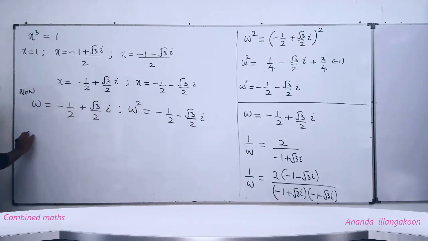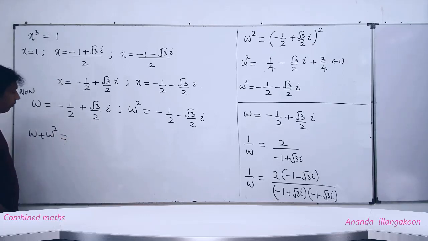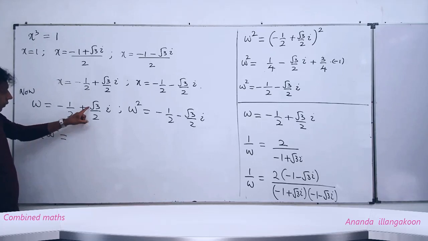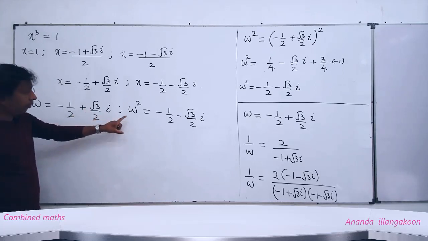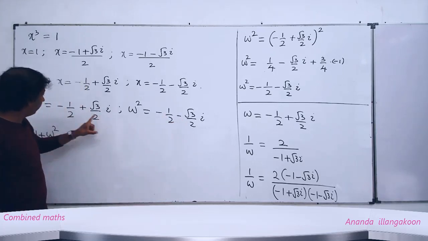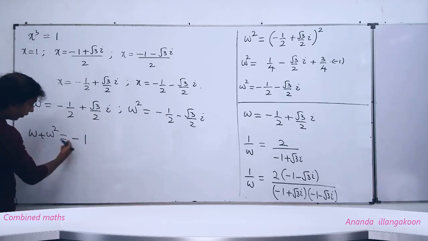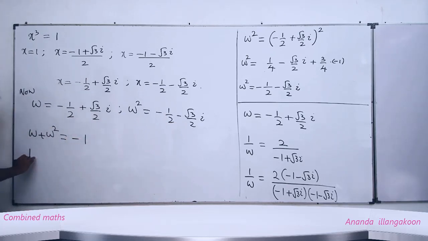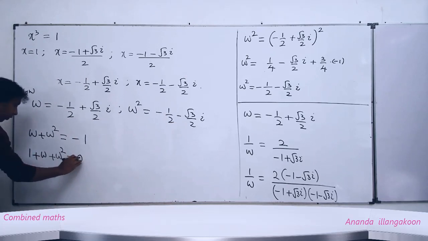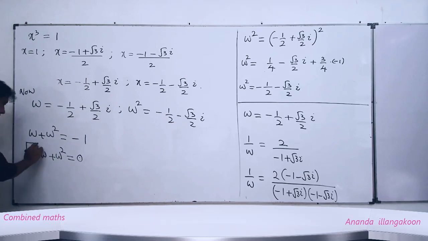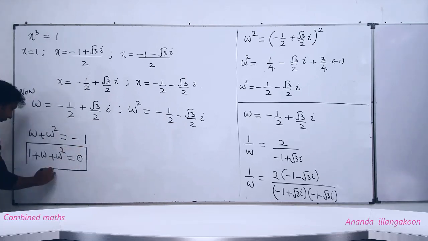Now you can write omega plus omega squared. Add this omega and omega squared. Then what can we say? Root 3 by 2 i here will cancel with this, minus half, it's minus 1. Take this minus 1 this side. Then what do you get? 1 plus omega plus omega squared equals 0. Right?